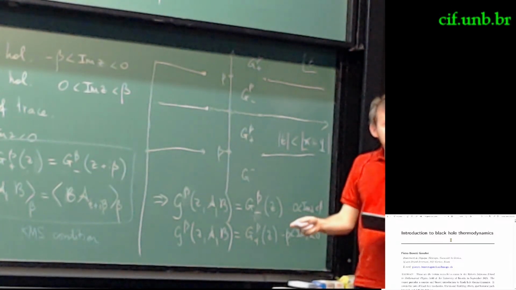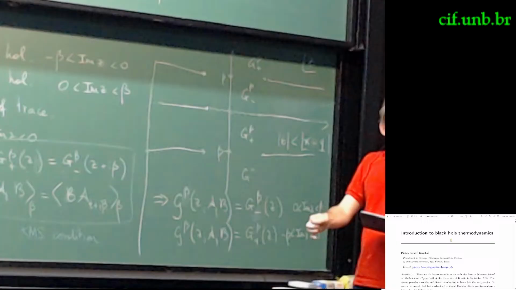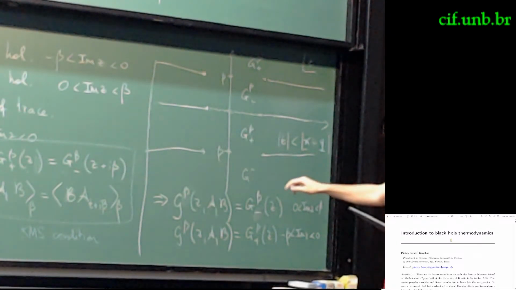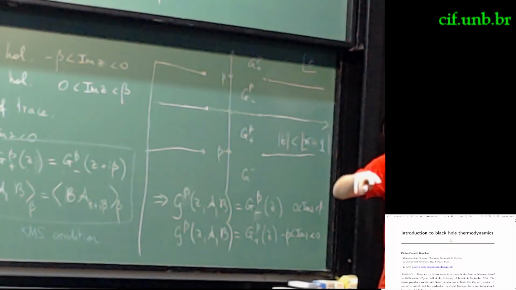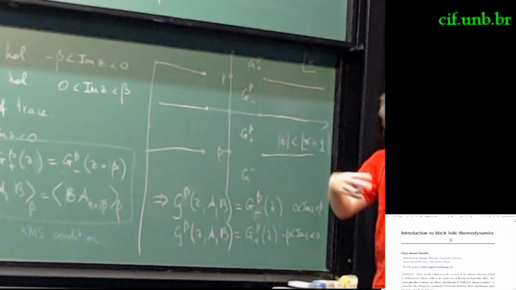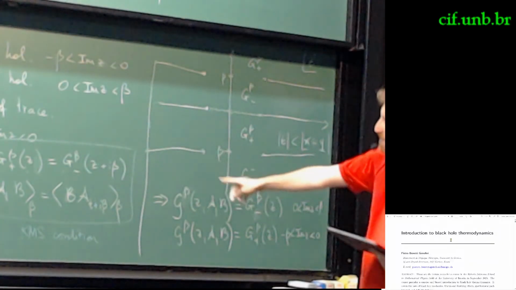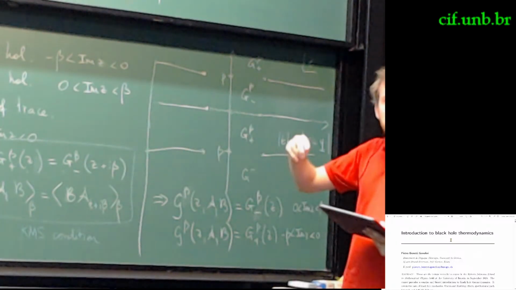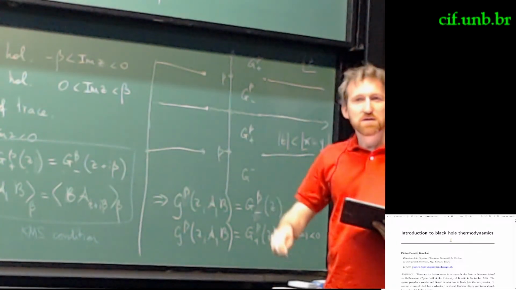So I say that a thermal state at a temperature T is defined by the fact that the correlation functions measured on that state have a periodicity in imaginary time, so formally they satisfy the KMS condition with a periodicity beta that is the inverse of the temperature.